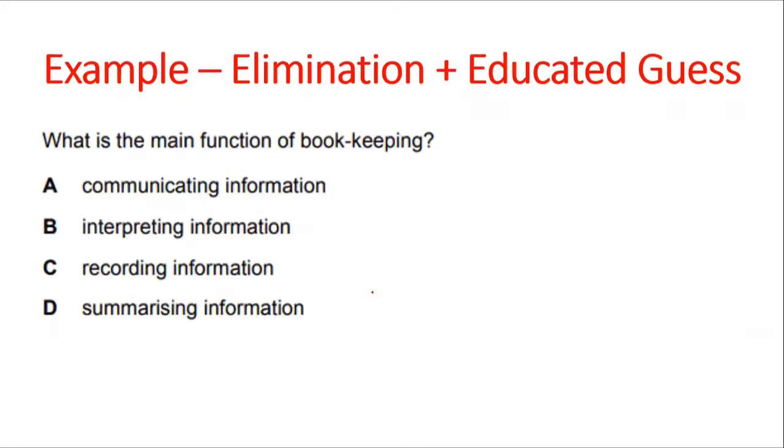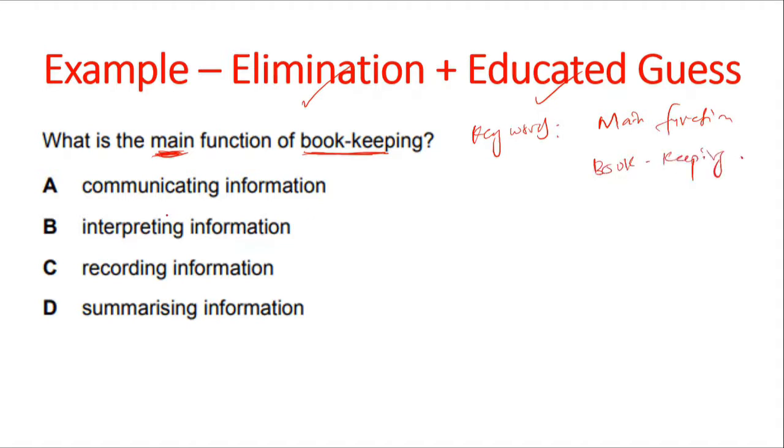Now let's look at an example where you will use both elimination plus the educated guess. Let's look at this multiple choice. What is the main function of bookkeeping? So the keywords here would be main function and bookkeeping. Now, if you read the options, communicating, interpreting, recording, summarizing, this is general accounting stuff.